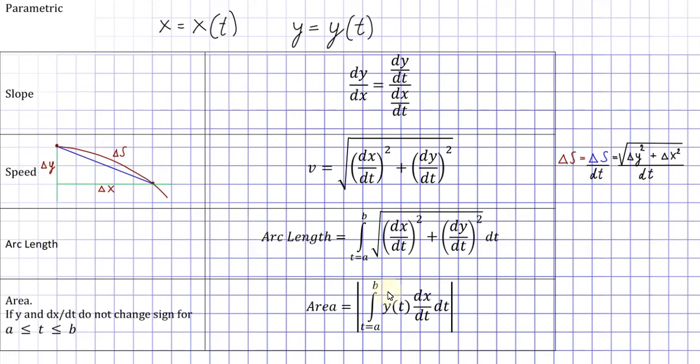Then we need to add up all these pieces of the curve. And the way we do it in calculus 2 is integration. And we're done. So this is the formula to calculate arc length in the given interval of the parameter of time from t is equal to a to t is equal to b.